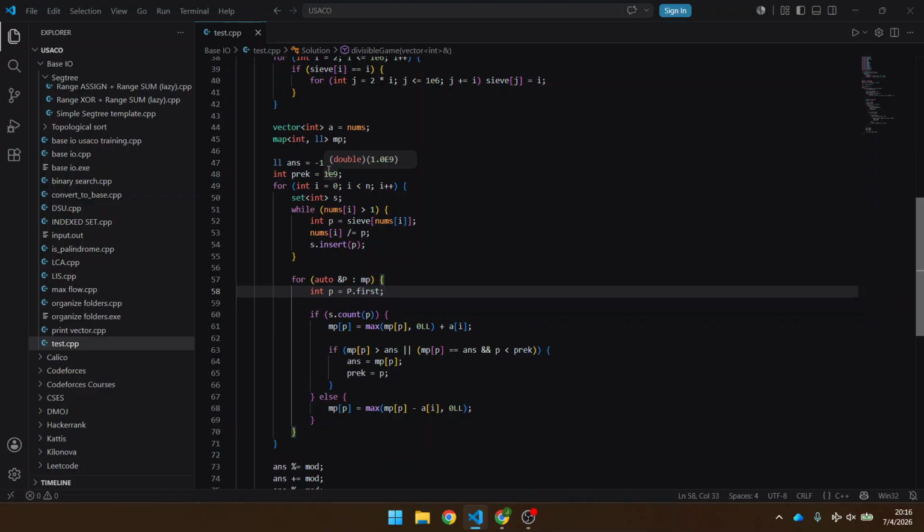Auto MP, EMP. If it's a 1, everything is deleted by 1.